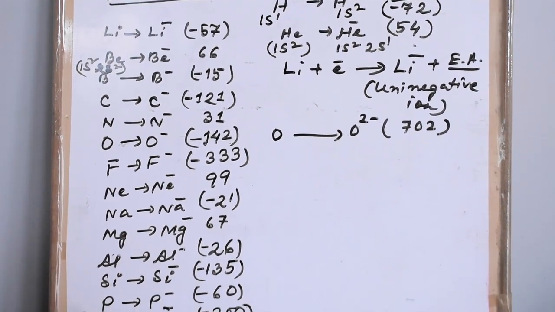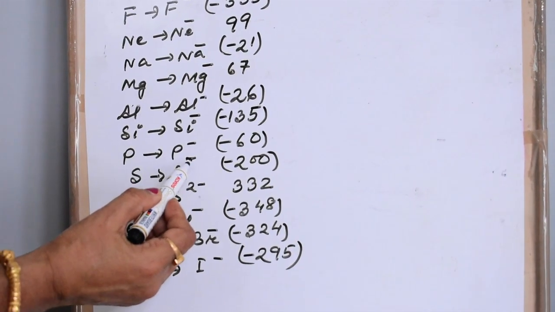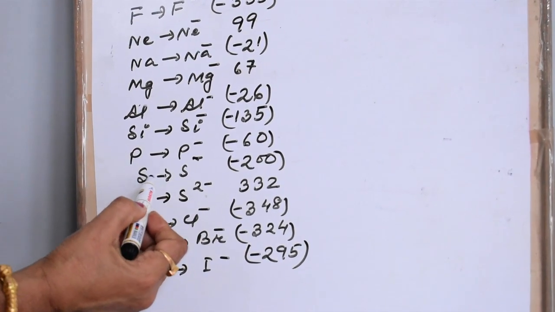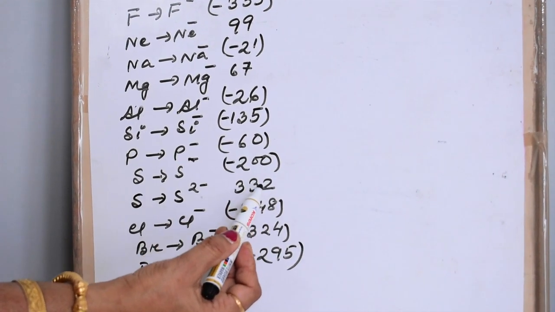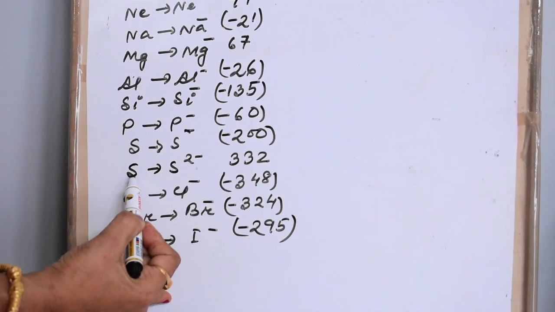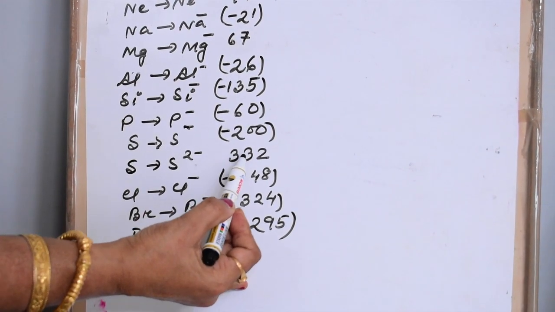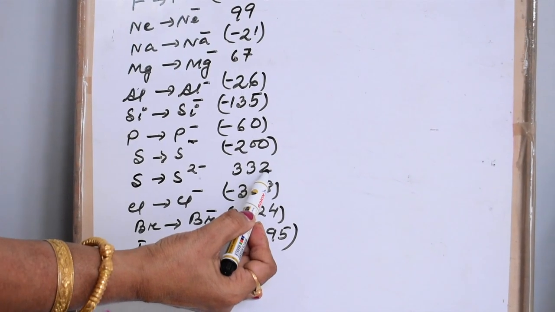Again, in the case of sulfur, we see that to form S minus from S, the energy is evolved, which is minus 200 kilojoule per mole. But to form S2 minus from sulfur, energy is absorbed, which is 332 kilojoule per mole.